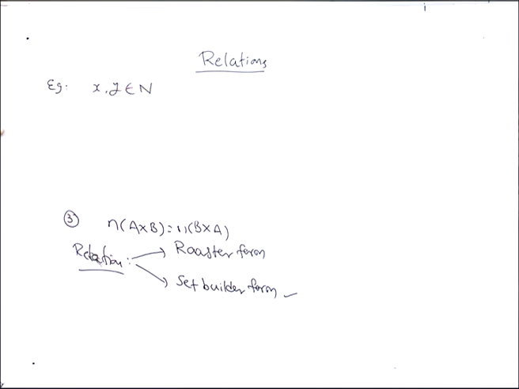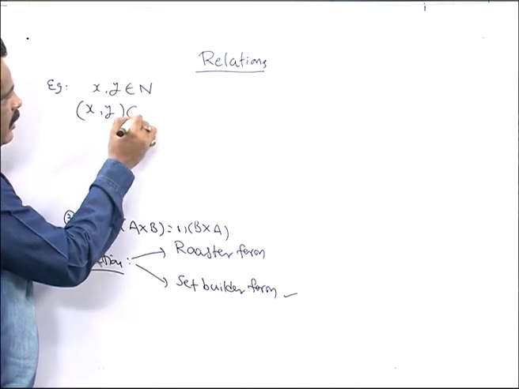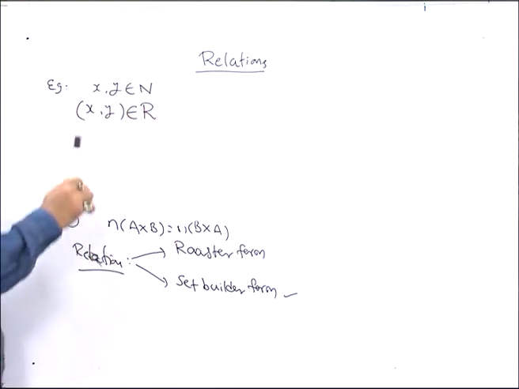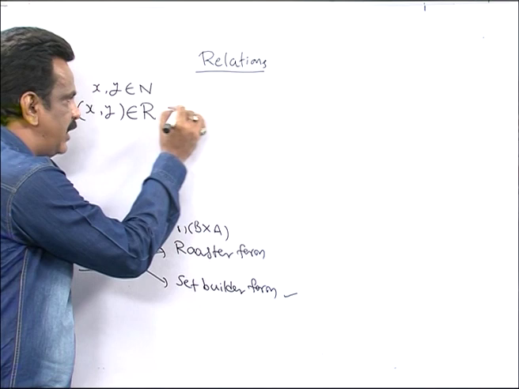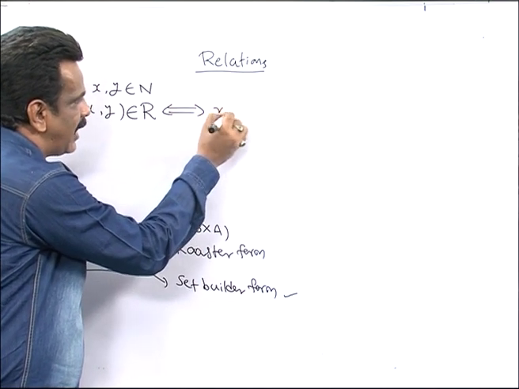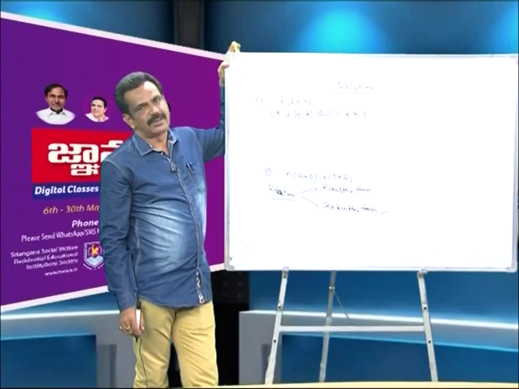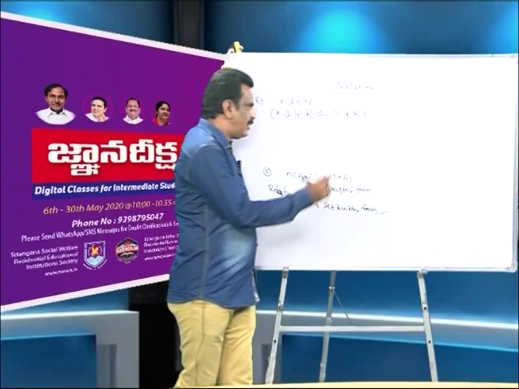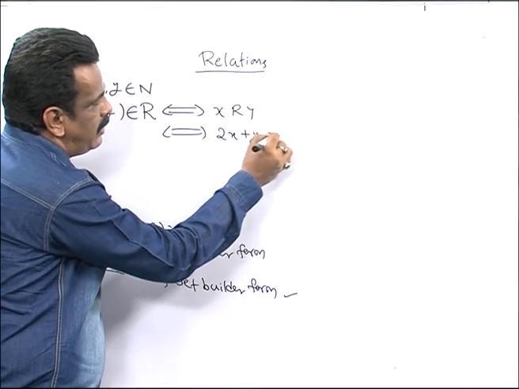In what manner are x and y connected? I write x comma y belongs to R, which means x and y are connected under the relation R. That only we can write, implies and implied by. In which case can we say x and y are connected? I am giving a rule here: implies and implied by 2x plus y equal to 10.